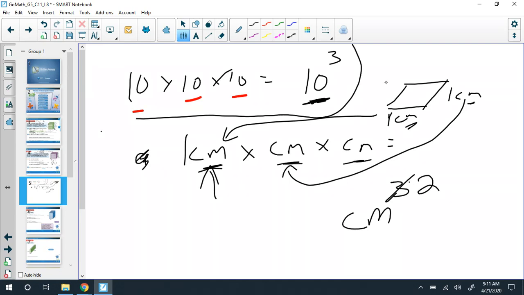When we add our third dimension, we add our height to our box. This is also 1 centimeter. So we multiplied 1 centimeter times 1 centimeter times 1 centimeter. Well, 1 times 1 times 1 is 1. And then because we have centimeters times centimeters times centimeters, we went from this two-dimensional shape that was area to our third dimension, which is volume, giving us cubic centimeters. So hopefully that makes a little bit of sense.